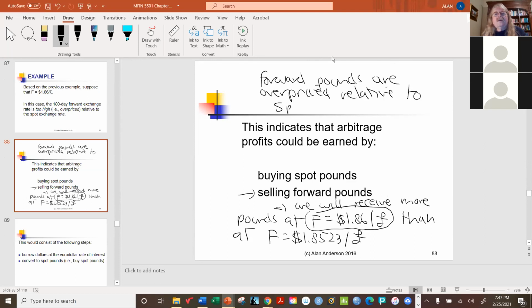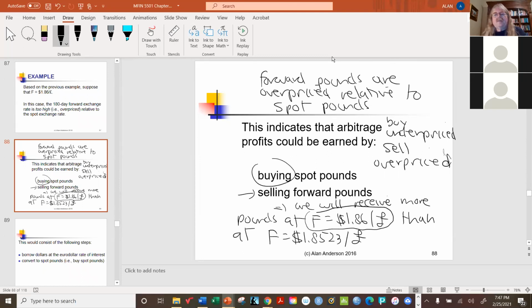Now, we said earlier in the course that when something's mispriced, we buy whatever is underpriced, sell overpriced. And so here, we're buying the spot pounds and we're selling the forward pounds. If F is too low, of course, we'll do everything backwards from here.